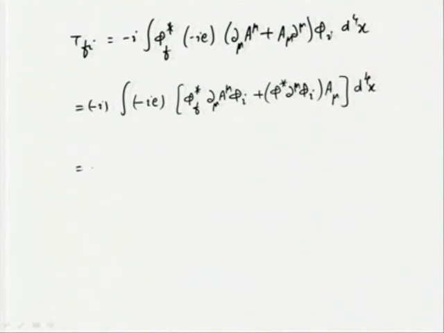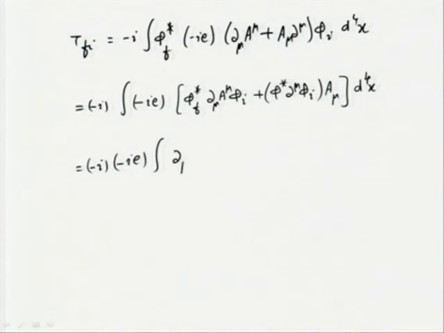First term I will write as minus i e phi f star dou_mu a^mu. We will actually write it as a total derivative, right.